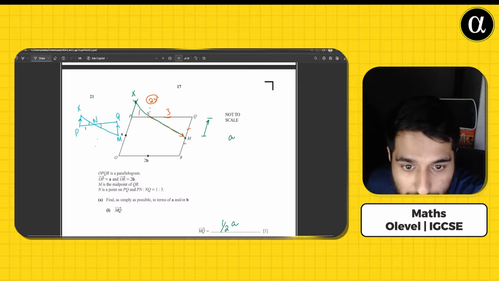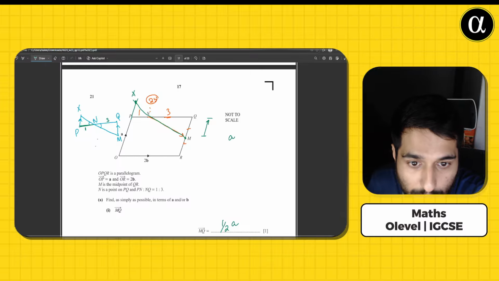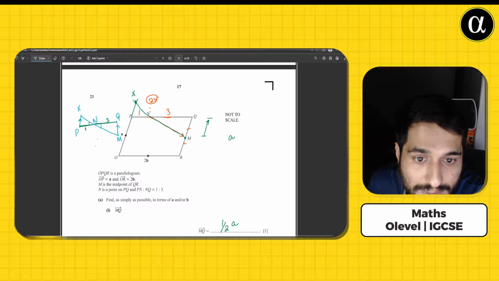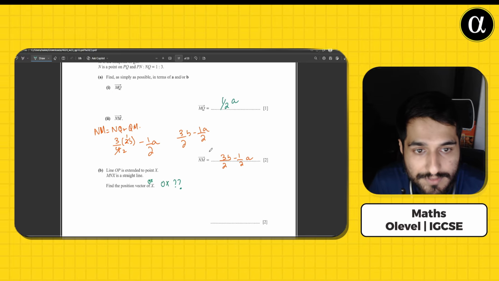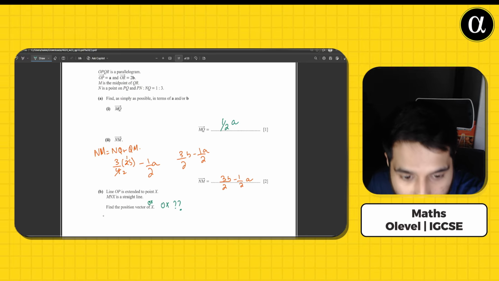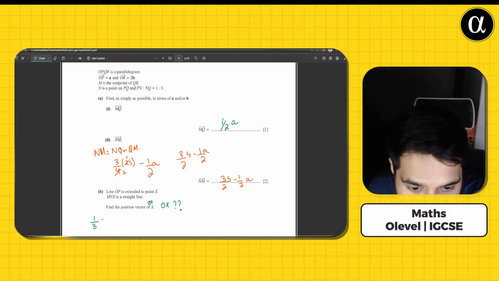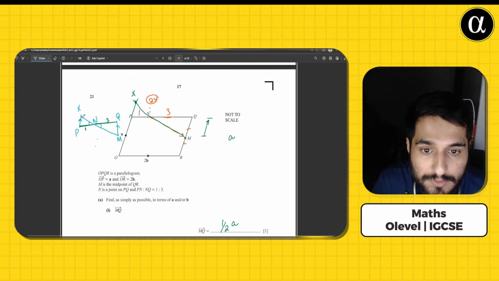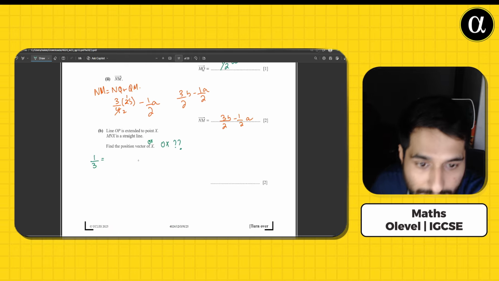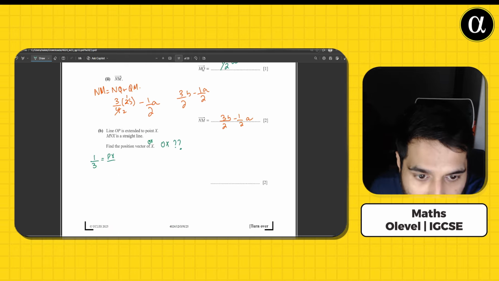Now, what we are going to say is that if this length was 1 and this length was 3, because the ratio was given as 1 and 3, that means the ratio for PX and MQ is going to change in a similar manner as well. So we are going to say 1 over 3 is equal to the ratio of PX and QM.